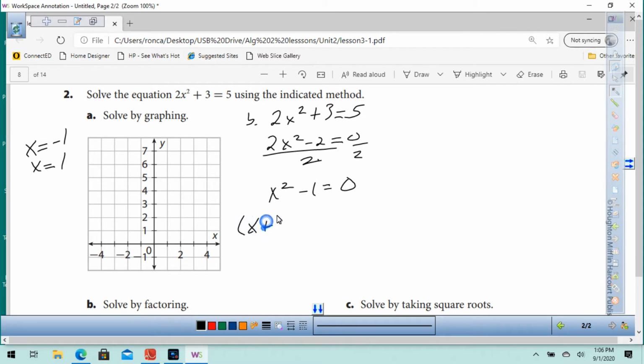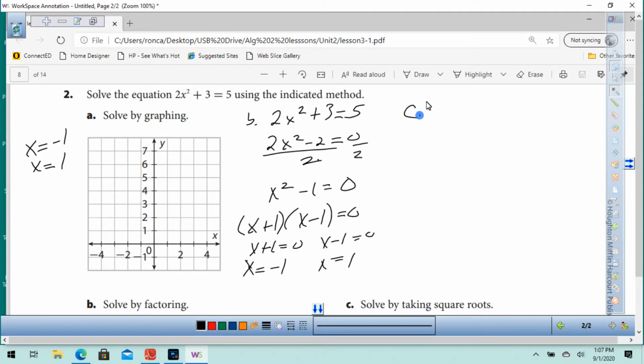Factor it. We got x plus 1 times x minus 1 equals 0. x plus 1 equals 0, x minus 1 equals 0. Subtract 1 from both sides, and you got x equals negative 1. Add 1 to both sides, you got x equals 1. Same answer we got there as we got here.